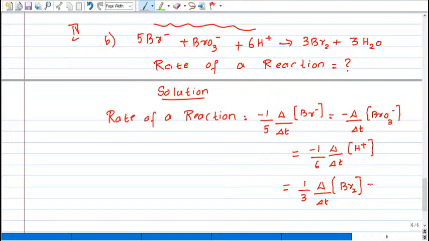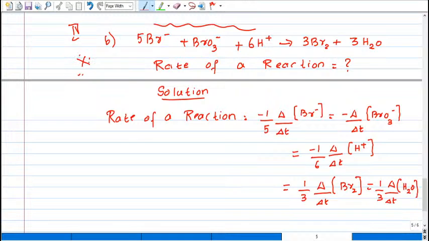Then finally equal to 1 by 3 d by dt of the active mass of H2O. I hope everyone understood this concept. It's a very important concept. Whatever the number is there, we have to take the reciprocal of that. See here, if it is 5, we have taken 1 by 5. I already told many times, the purpose of putting minus is that it is a reactant, it is disappearing.